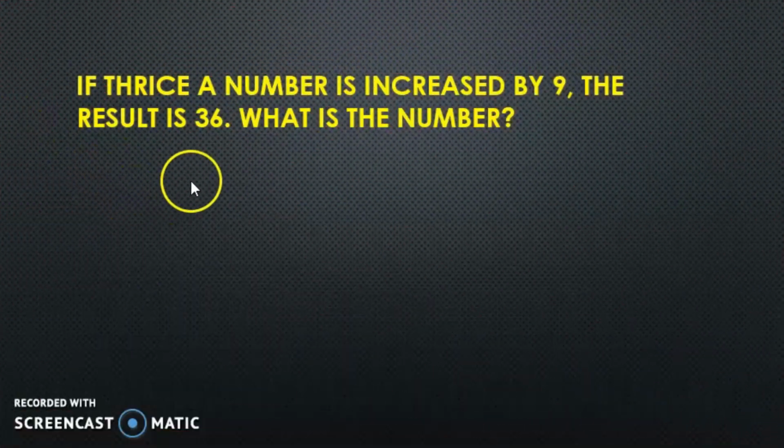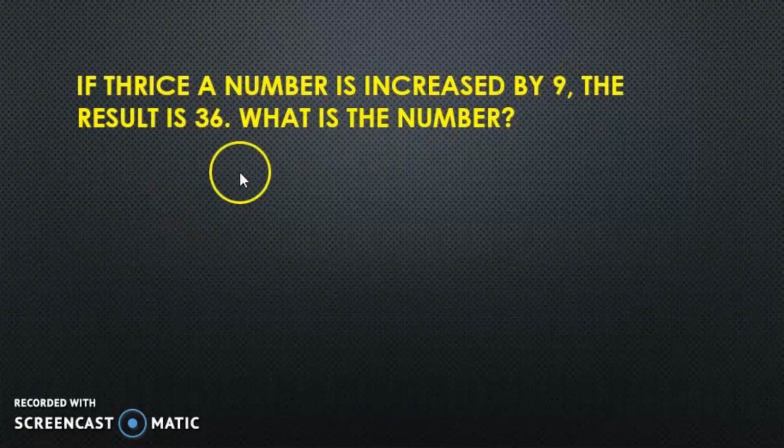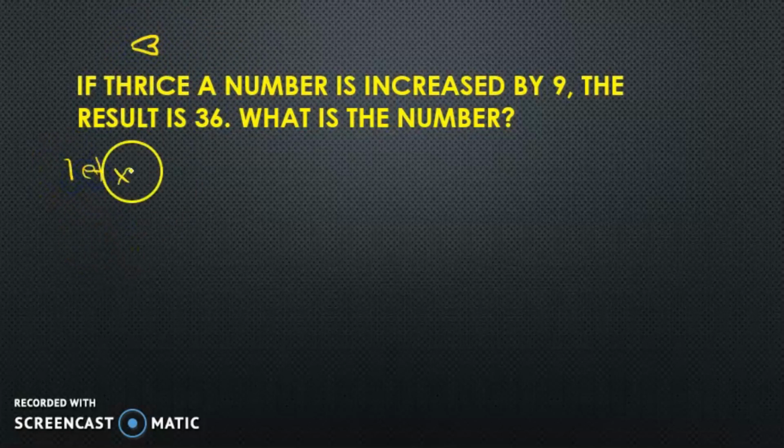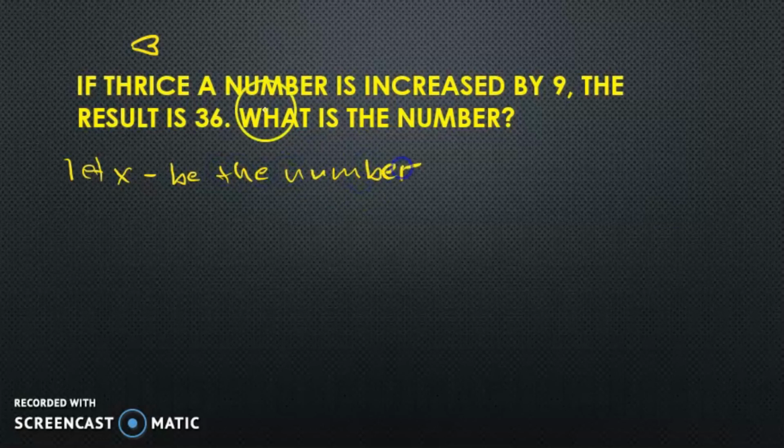Okay, so let's have another example. If thrice a number is increased by 9, the result is 36. What is the number? So, ano yung number? So, thrice means, diba, thrice is 3. So, yung number, let x be the number.